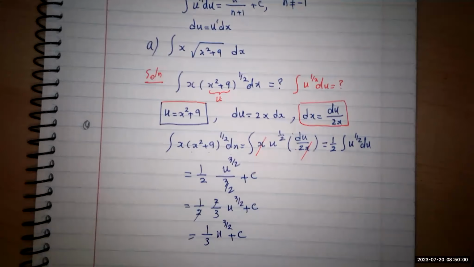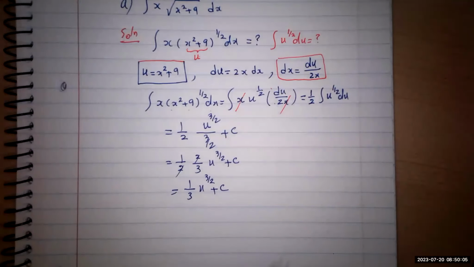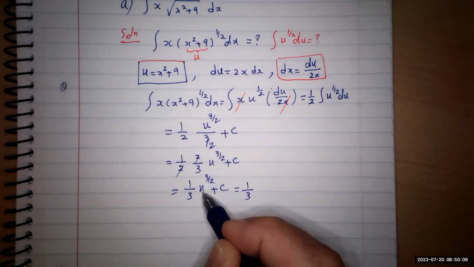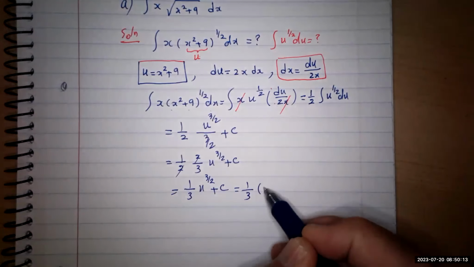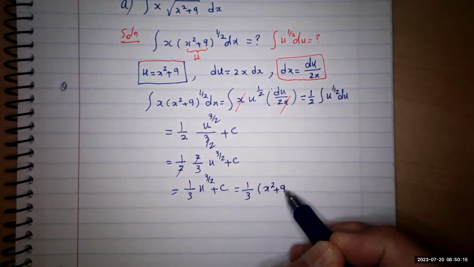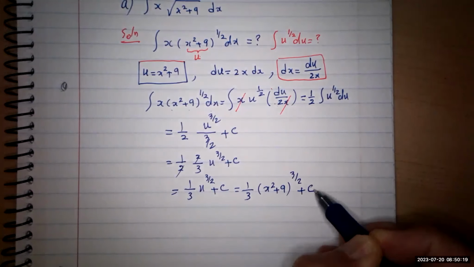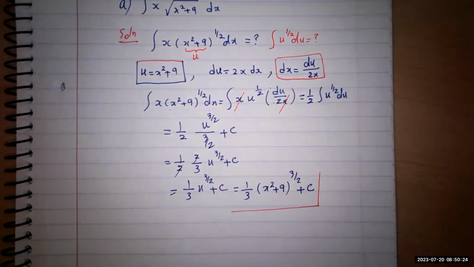But you have to change into x because the function was in terms of x. So the final answer is 1/3. You substitute for u. u was x squared plus 9. So it's x squared plus 9 to the 3/2 plus the constant c. This is going to be the final answer.